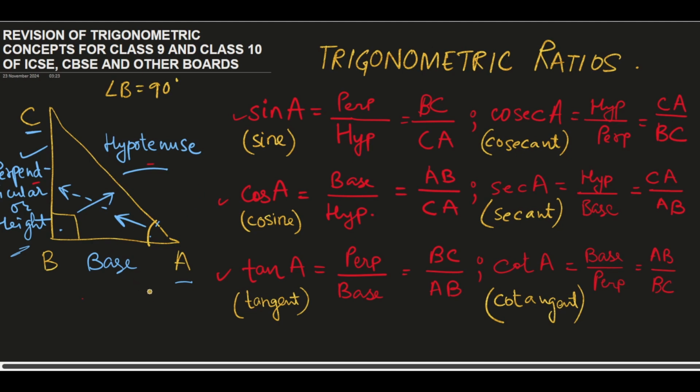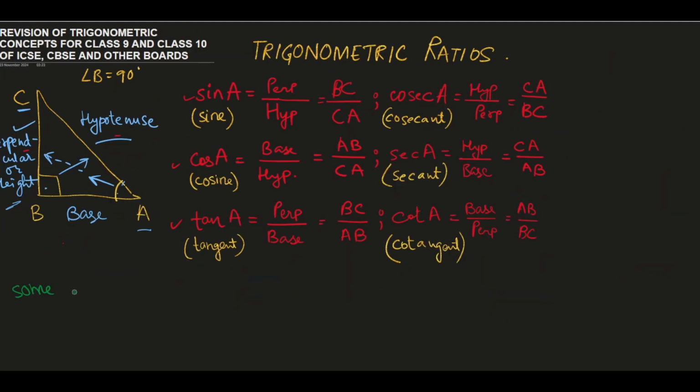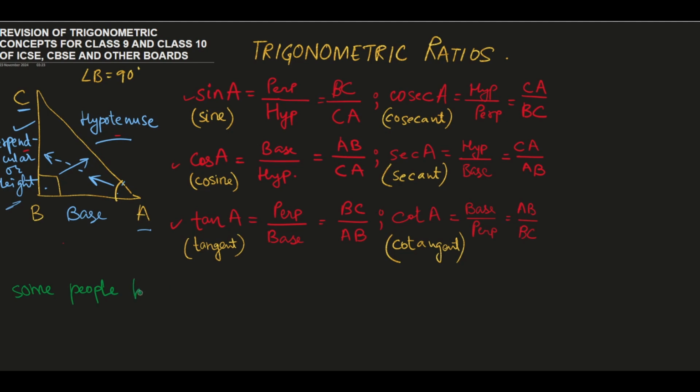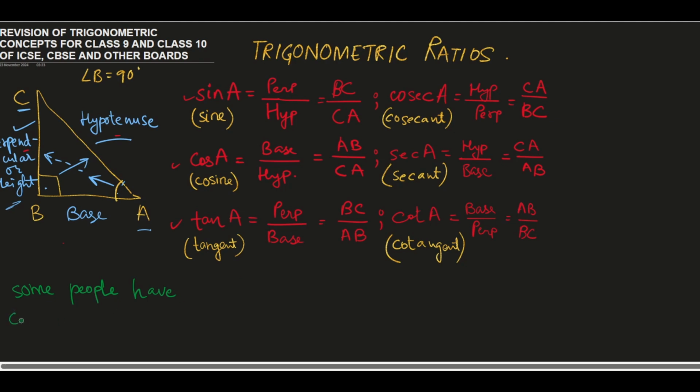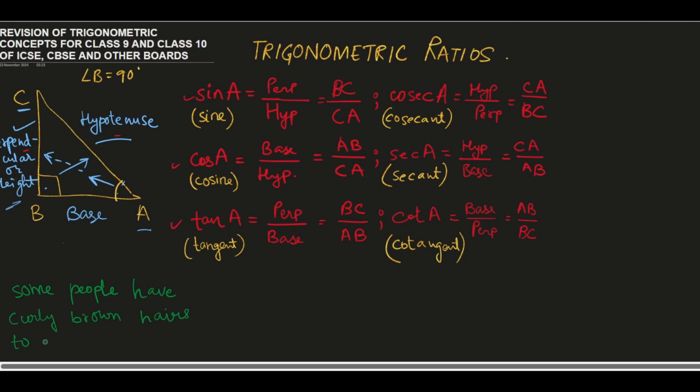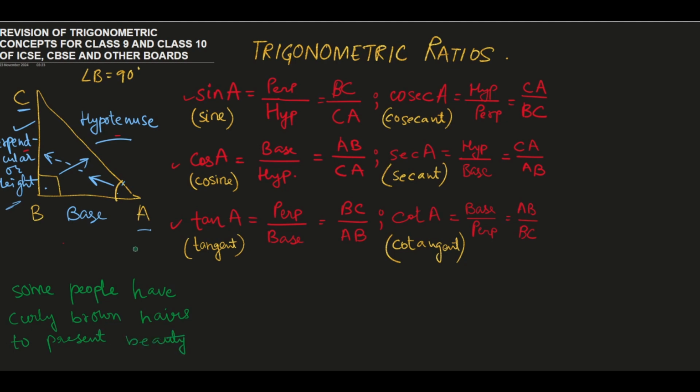So the first mnemonic is: Some people have curly brown hairs to present beauty. Let me read it again. Some people have curly brown hairs to present beauty.